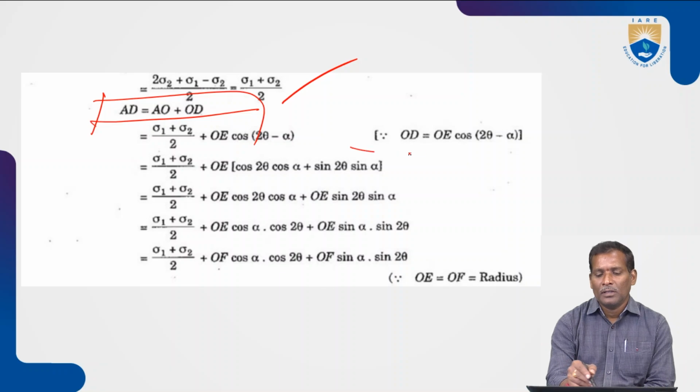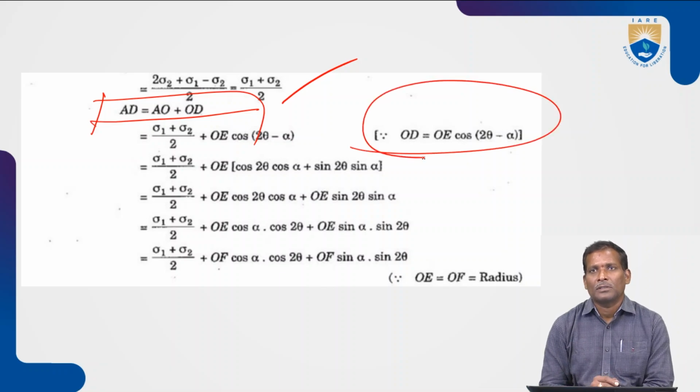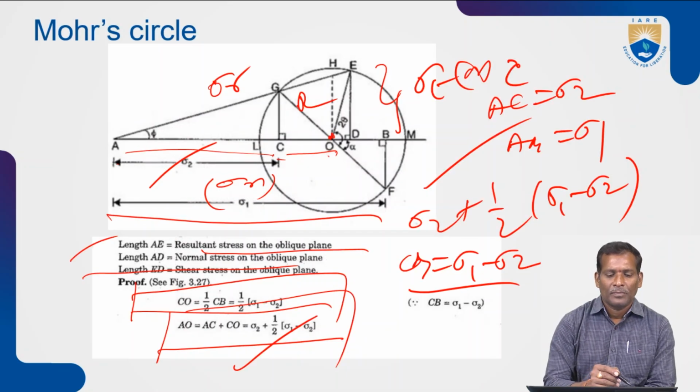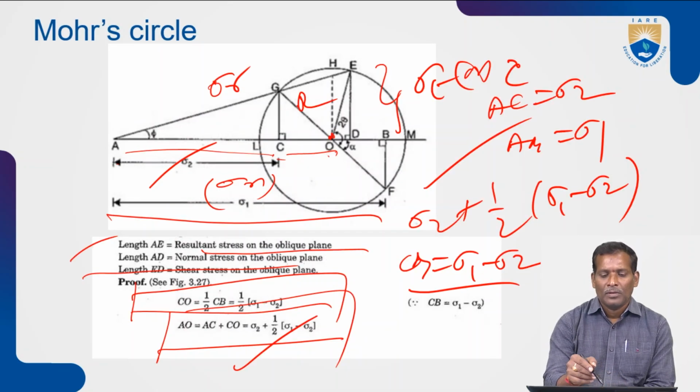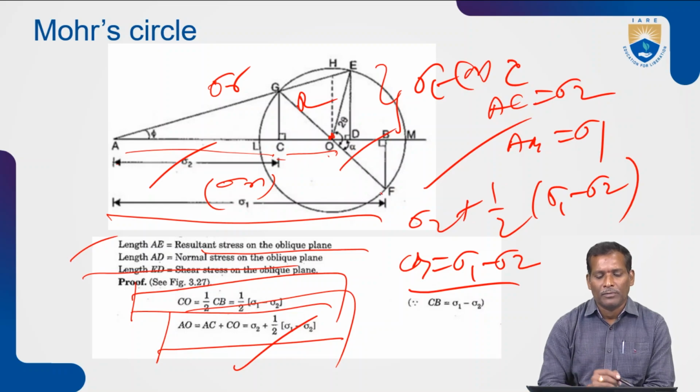OD in terms of cosine can be written as OE cos of 2 theta minus alpha, where alpha is shown in triangle BOF.